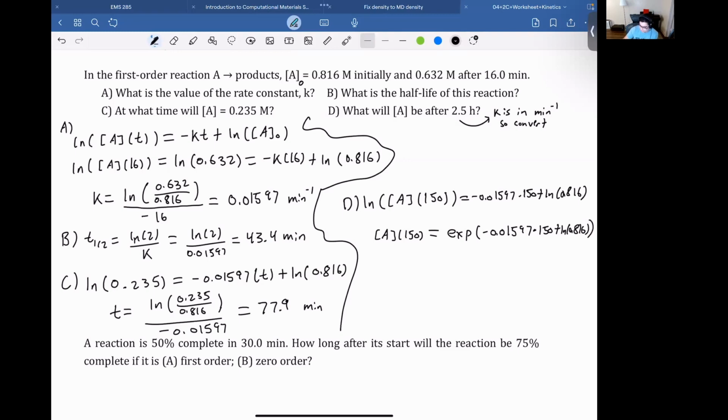You could technically simplify the ln of 0.816, pull it out front. I'm not going to do that here. You just plug it in and we get 0.0744 molar. That's it.